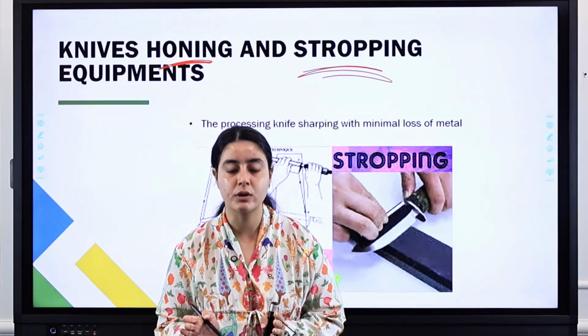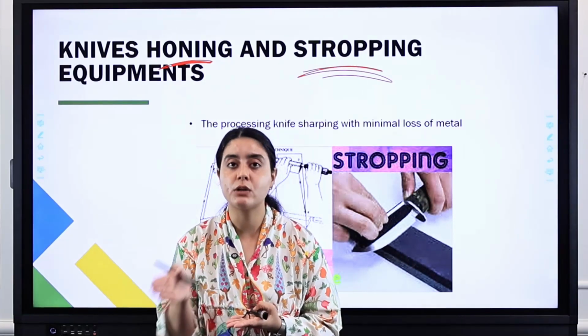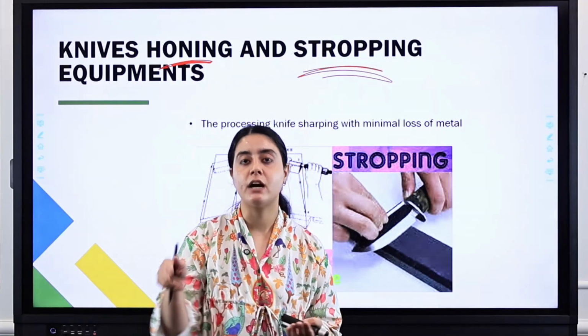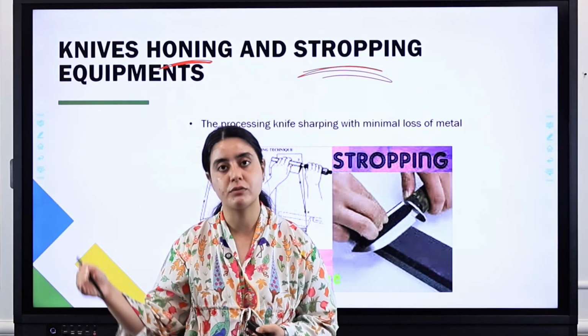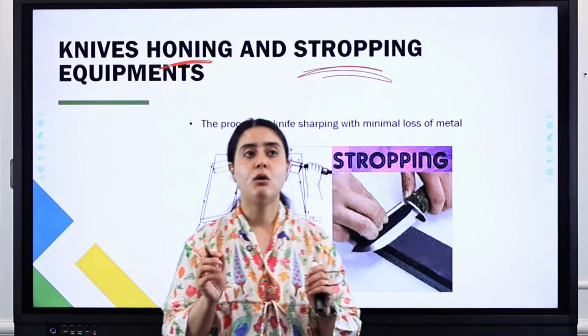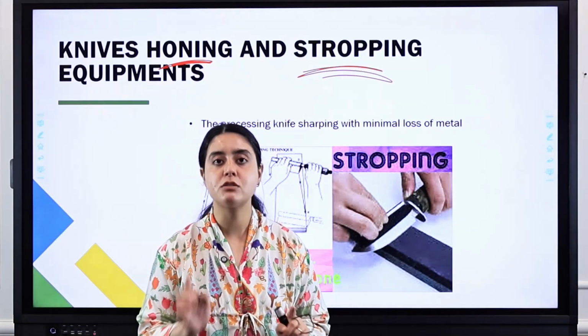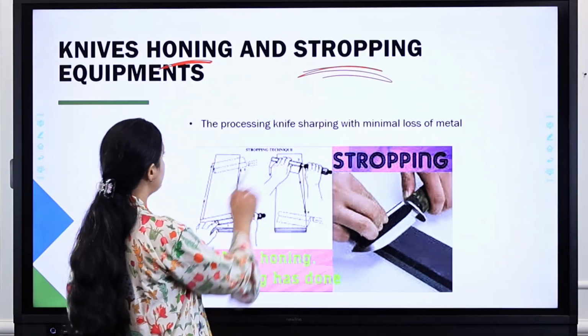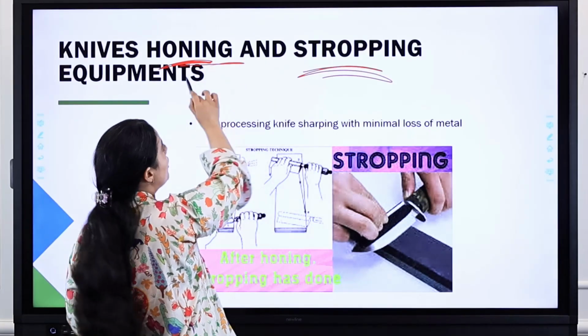So we have to cut it into small sections, then embed it, and then finally cut the thin slices with the help of the microtome. So if you receive a whole liver as a specimen, first you have to cut it into small pieces. For that we have two procedures: knife honing and stropping.